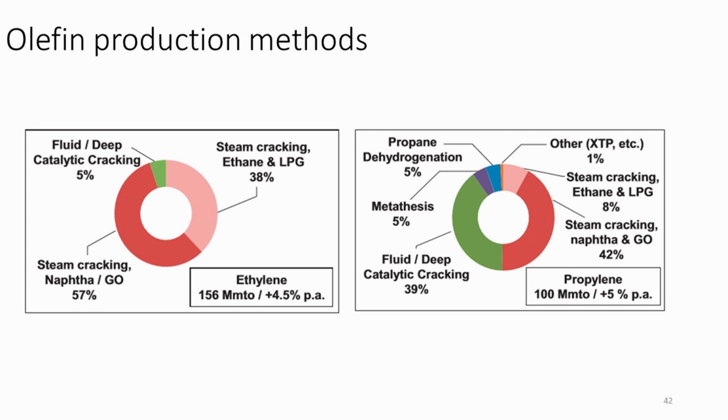A number of factors, including the high energy demands of these processes, the low selectivity towards the production of olefin, decreased petroleum reserves, and rising oil prices, are driving the petrochemical industry to search for a more economic feedstock and more efficient conversion technologies.